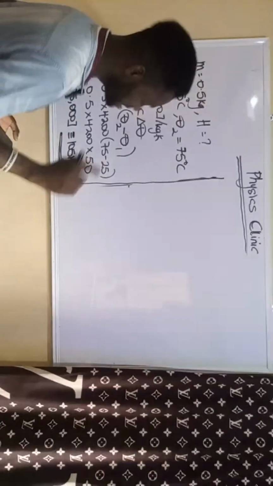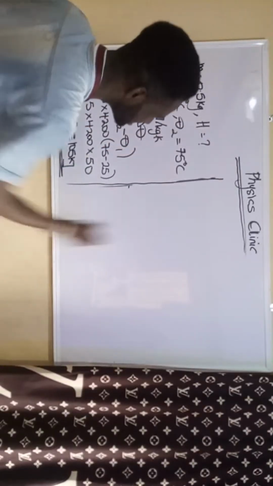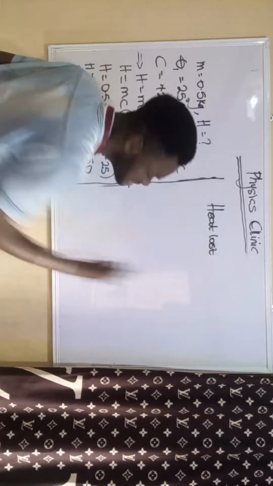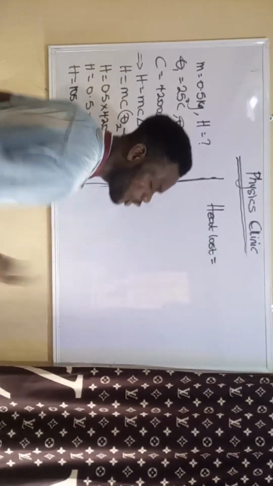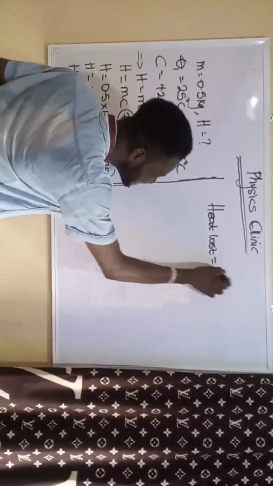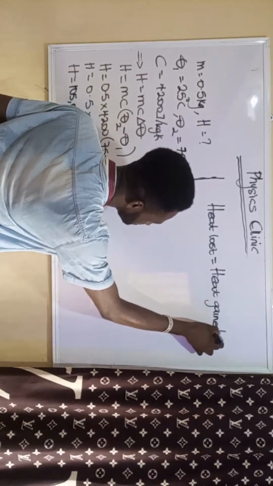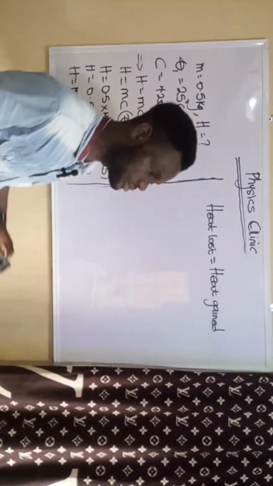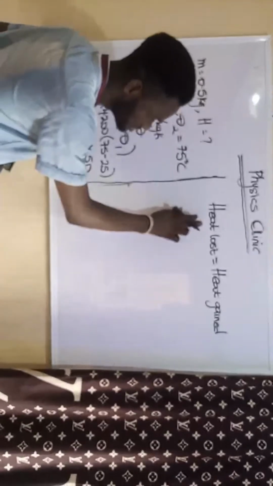So if a body loses heat in a particular environment, every other object in close proximity with that object will gain that heat. So we say that heat lost is always equal to heat gained, especially in a conserved system, a system where there are no external forces.